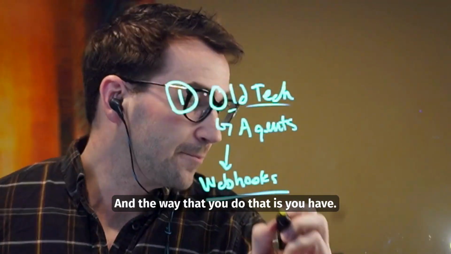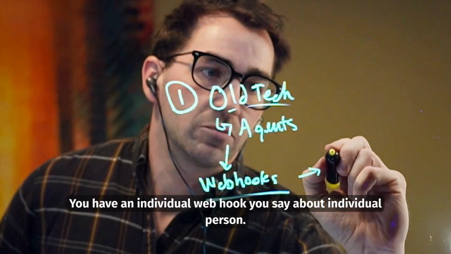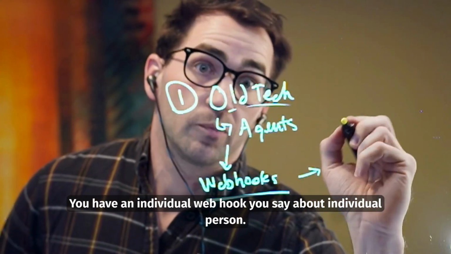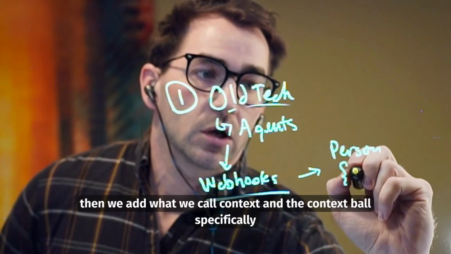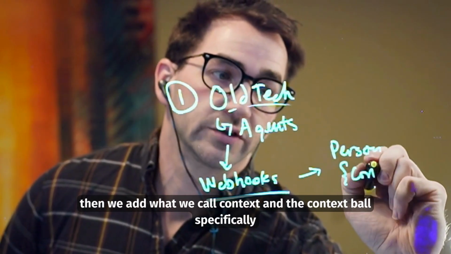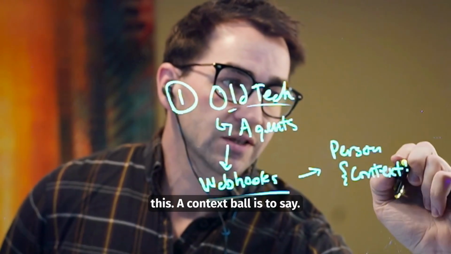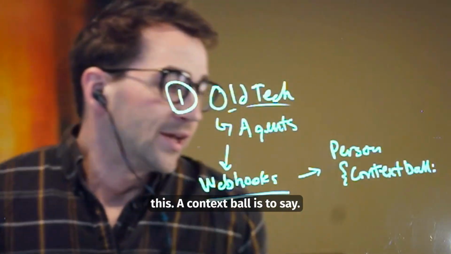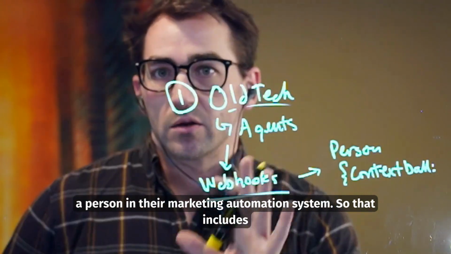And the way that you do that is you have an individual webhook. You say this is an individual person, and this is about them. And then we add what we call context. The context ball specifically is the way that I've been thinking about how you actually operationalize this. A context ball takes all of the relevant information about a person in their marketing automation system.